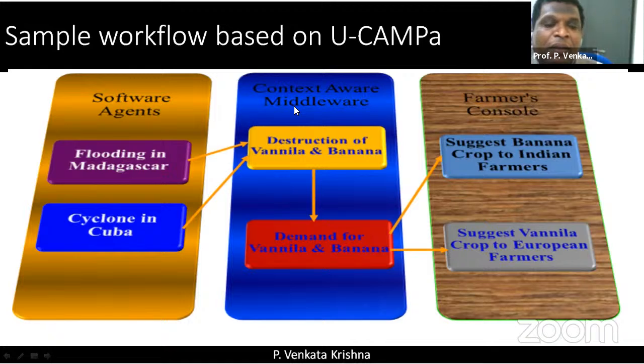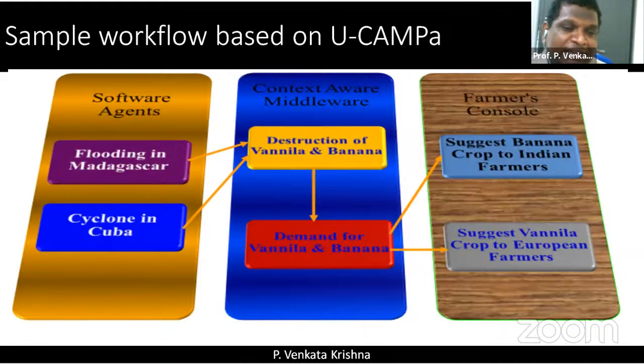It is sent to the context-aware middleware. The middleware takes that information, keeps it in the system, and interprets that there will be destruction of vanilla and banana, because the middleware has the information about the soil, plants, and everything as part of our architecture.